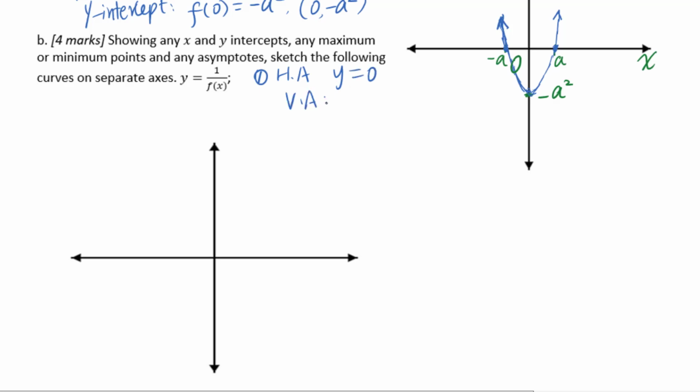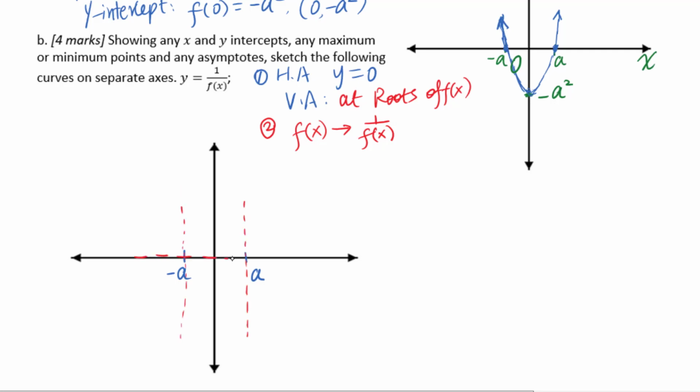The vertical asymptote lines are at the roots of f of x, and the f of x value will change into 1 over f of x. So if this is negative a, here's a, then we will have vertical asymptote lines, and a horizontal asymptote line will be this.